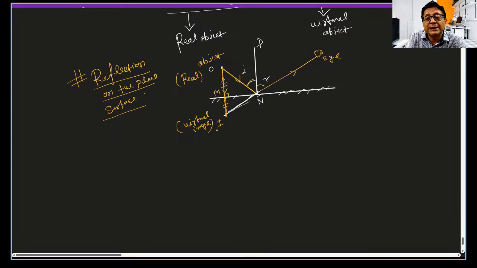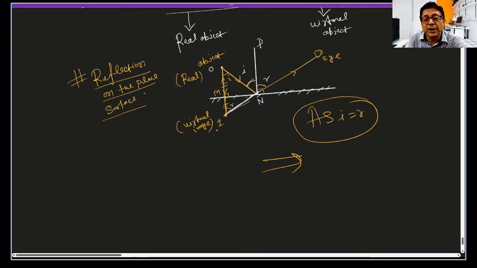If this is I, this is R, and this angle 90 degree, then this is 90 minus R, this is 90 minus R, this is R. And this thing is I. As I equal to R, so this will imply triangle OMN is congruent with triangle IMN.